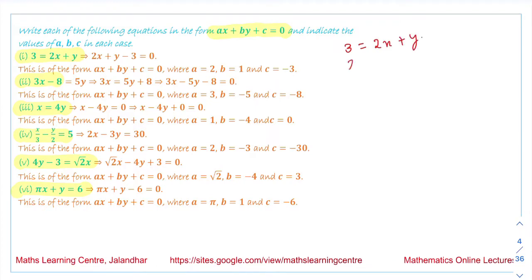So basically it is 2x plus y minus 3 is equal to 0. When we compare it with ax plus by plus c is equal to 0, we get the value of a is 2, the value of b is 1 and the value of c is minus 3.